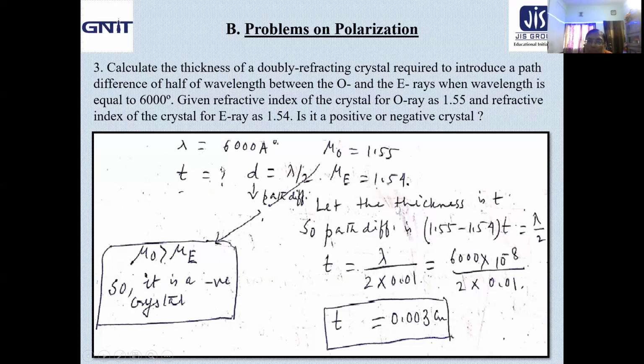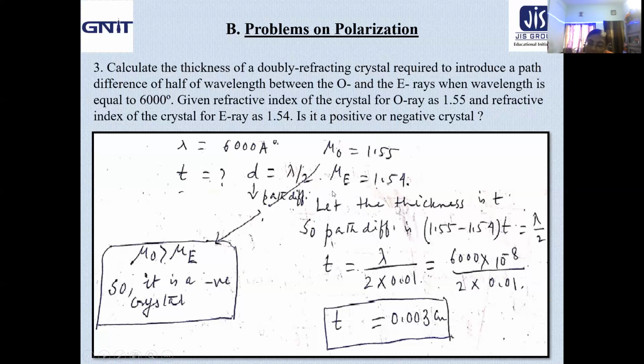Let us now come to the first part. What about the thickness of the crystal to introduce a path difference of half a wavelength between the O ray and the E ray? The next question naturally comes to your mind: why will there be a path difference? Because mu O and mu E values are different, so the velocity values are different.